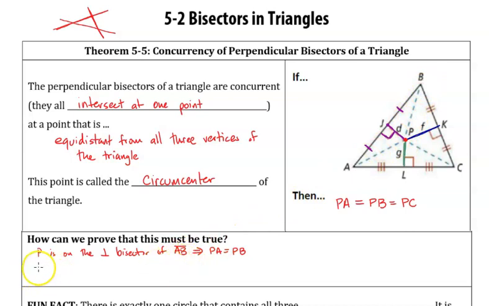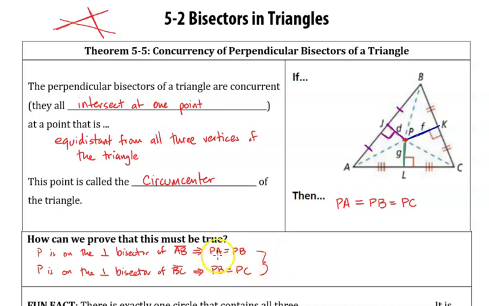But P is also on the perpendicular bisector of, let's say, segment BC, right? It's on segment PK, which is the perpendicular bisector of segment BC, which would tell us that from P to B is equal to from P to C.